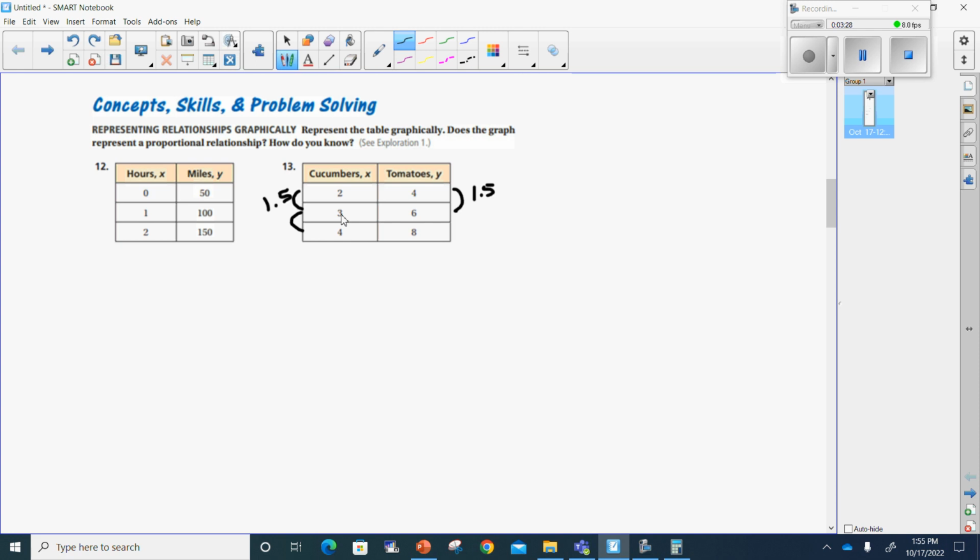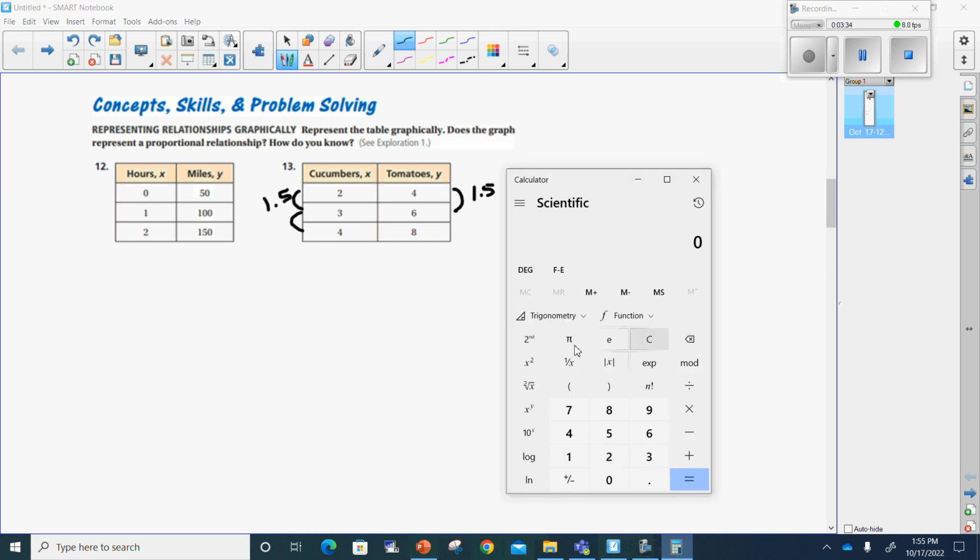Because 3 times 3, actually, no, 1.5. Let's use the calculator. I'm a little bit tired today. I'm pretty sure it's going to be 3, that'd be 4.5, something like that. So 3 times 1.5 is going to give you 4.5.